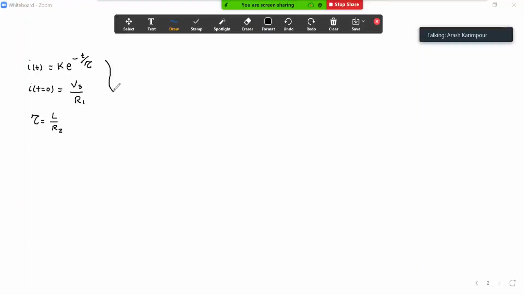So if I substitute these together, then I know that the I at t equals 0 is going to be Vs over R1, which is the k times e to the power of negative 0 divided by tau. So this term is basically 1, so I know that the k is going to be Vs over R1.